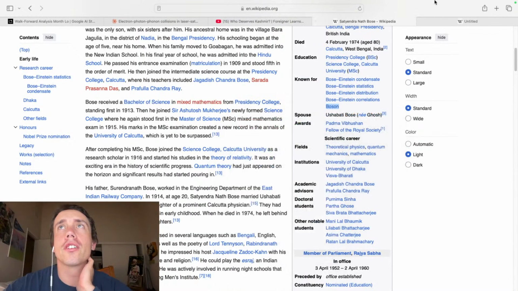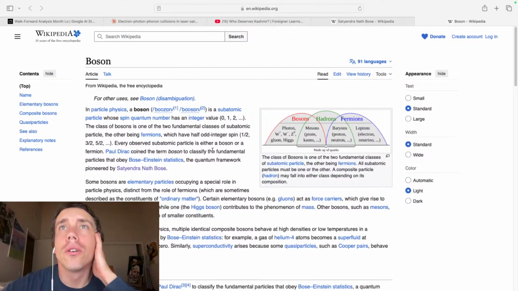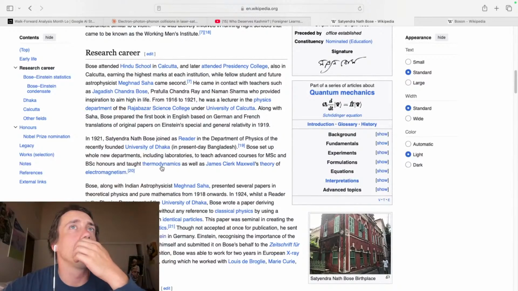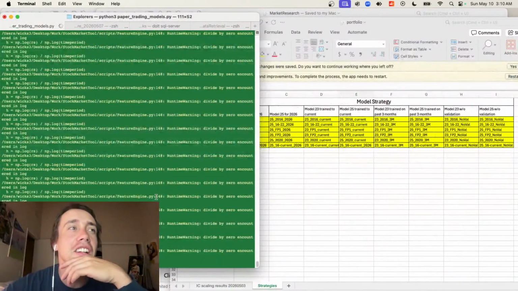Oh, I just got that. Every observed subatomic particle is either a boson or fermion. Coined the term boson to classify the fundamental particles that obey Bose-Einstein statistics. Wow. I never knew that. I never knew bosons were named after Bose. Calcutta. Kolkata. Oh, different Bose. Well, that makes sense. It's just a surname.